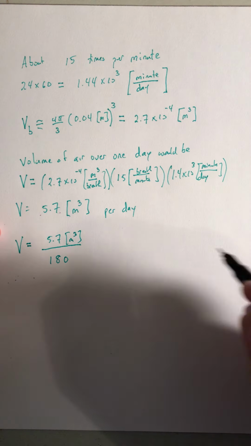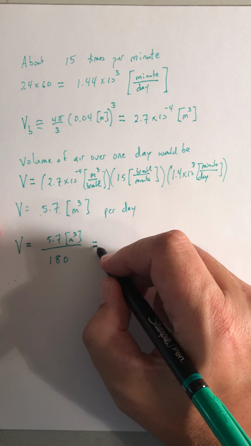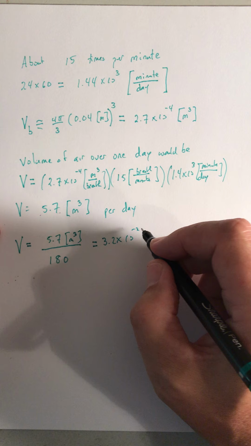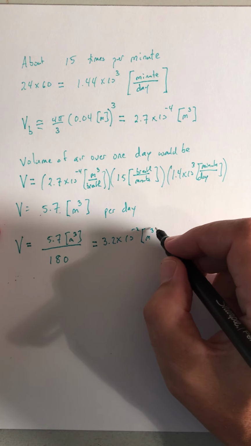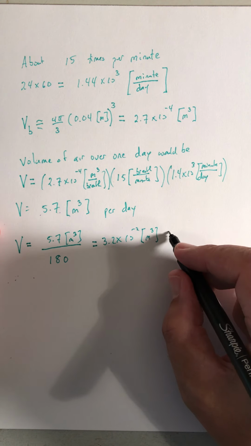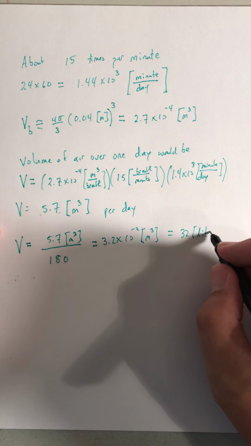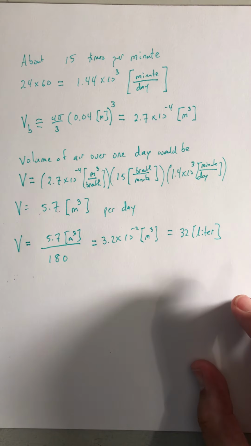From our ideal gas law, and that is 3.2 times 10 to the minus 2 cubic meters, or 32 liters.